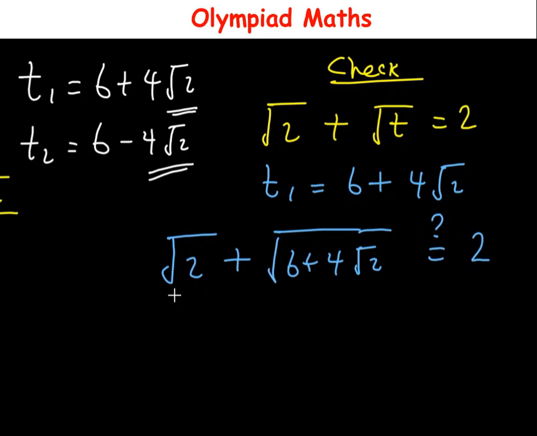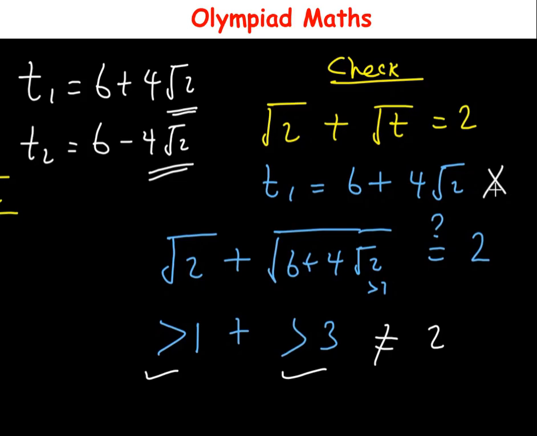Root 2 gives a value greater than 1, and multiplying root 2 by 4 gives a value greater than 5. Adding 6 and taking the square root, you get a value greater than 3. Adding a number greater than 1 and a number greater than 3, you will not get a value equal to 2. So t1 does not satisfy the given equation.